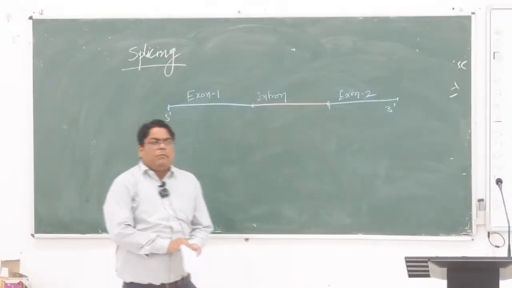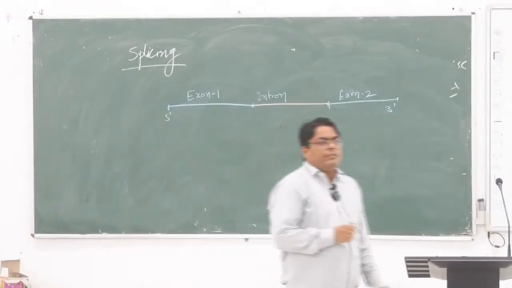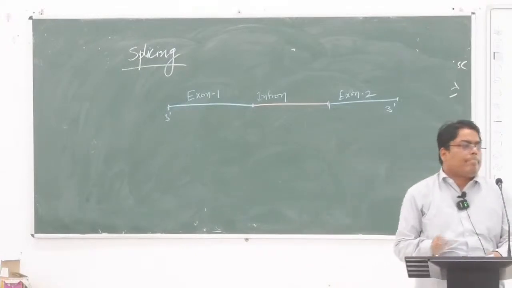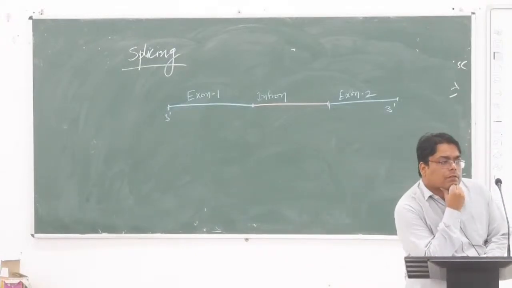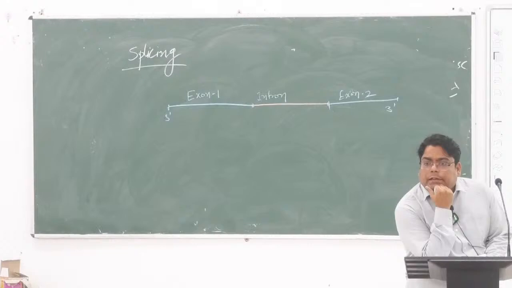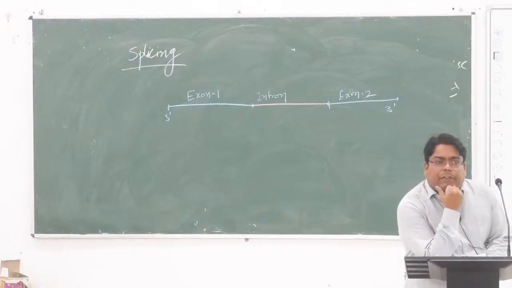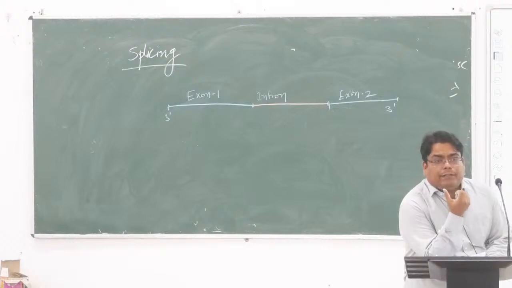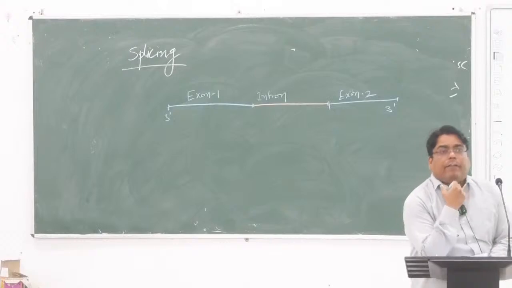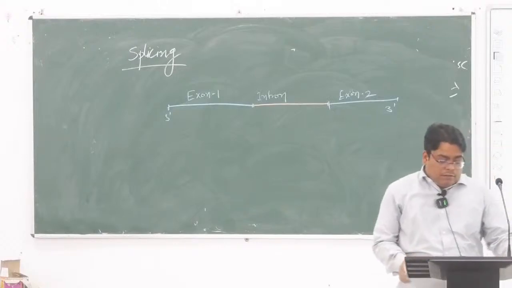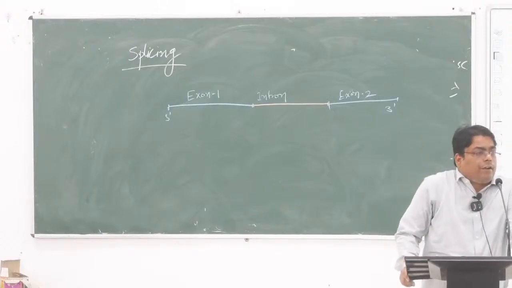Now, can you tell me what is the meaning of exon and what is the meaning of introns? Introns means intervening sequences that are non-coding, the sequences which are not synthesized. Intervening sequences are called introns.